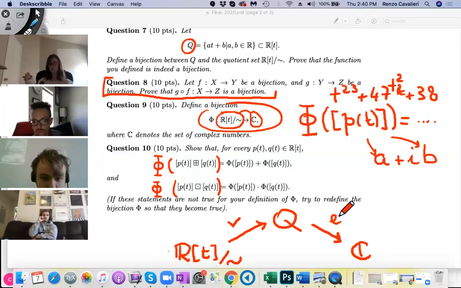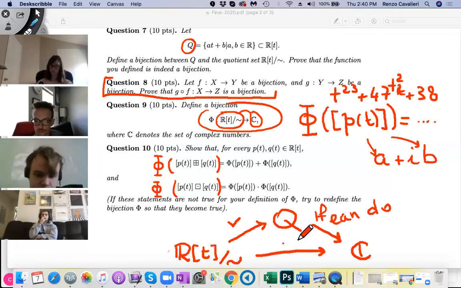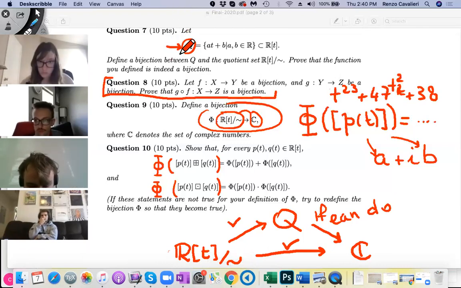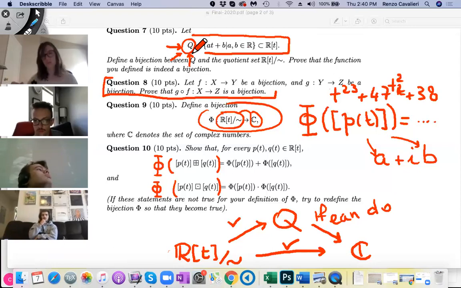If you can do this, then you can just use question 8 and say, okay, the composition of two bijections is a bijection, and you get this, which is what you want. Okay? What is Q here? Q is right here. It is the subset of polynomials defined right here.